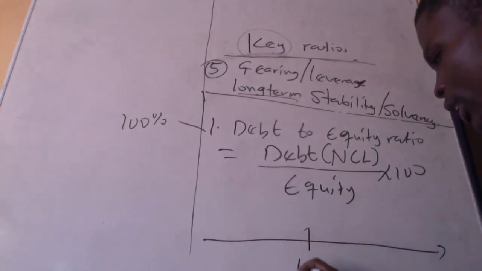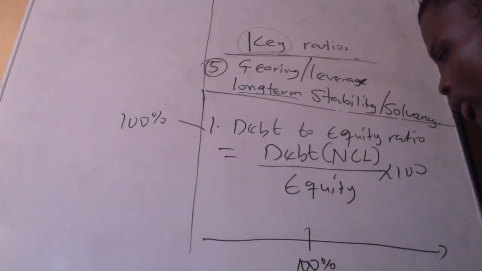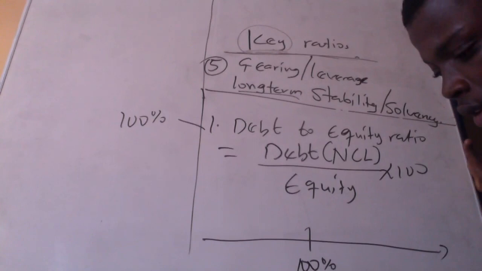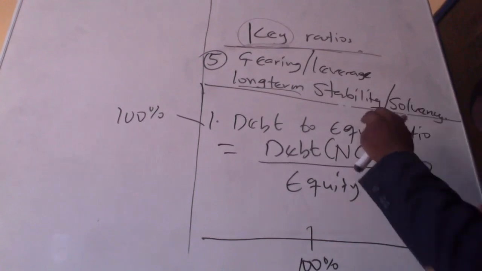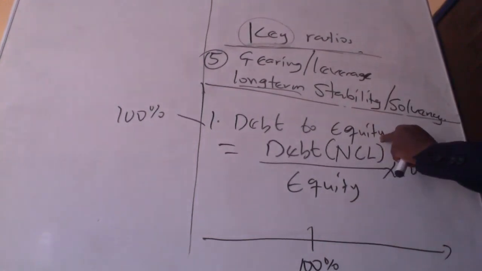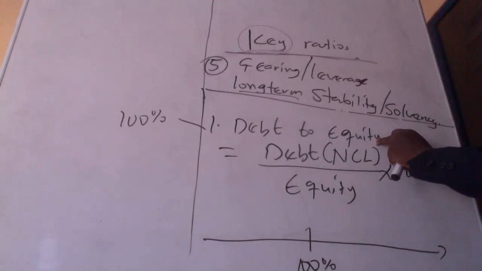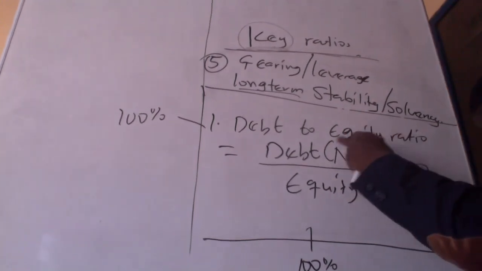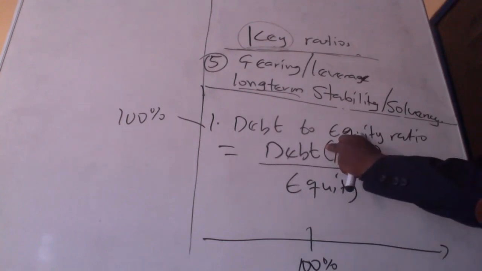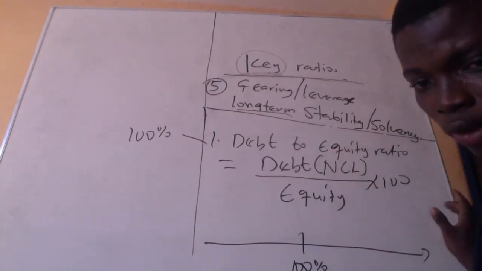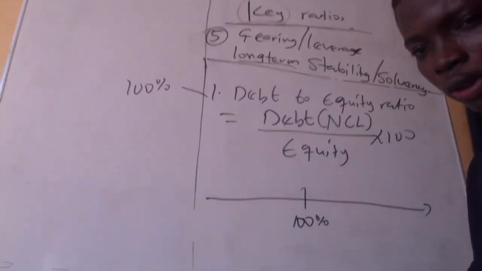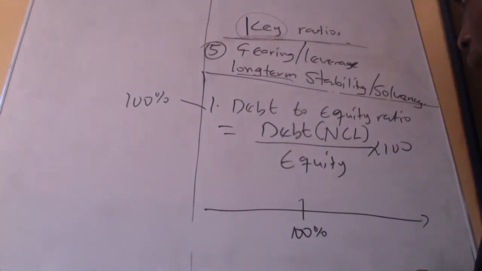Now, when you calculate and probably you get 100%, what it tells is that debt is exactly 100% of the equity.